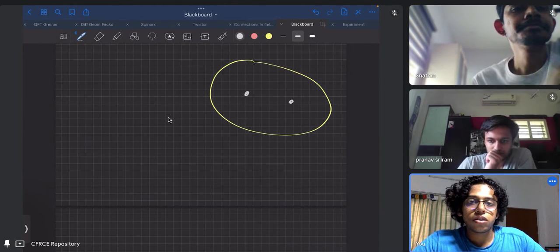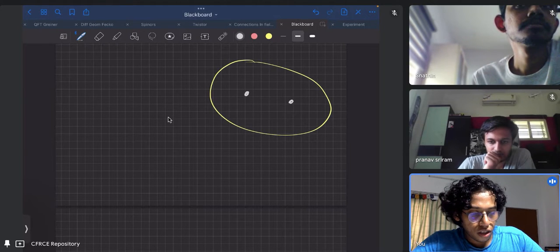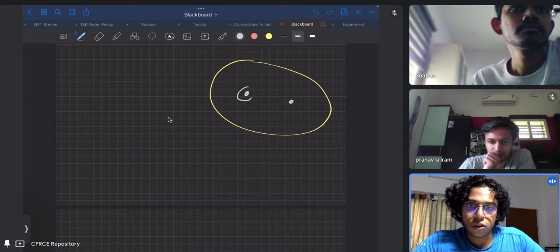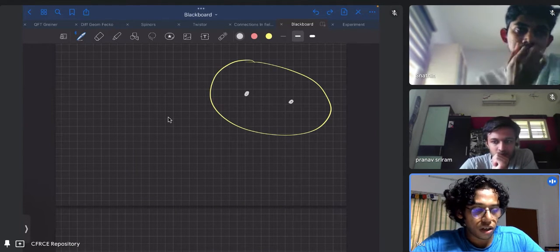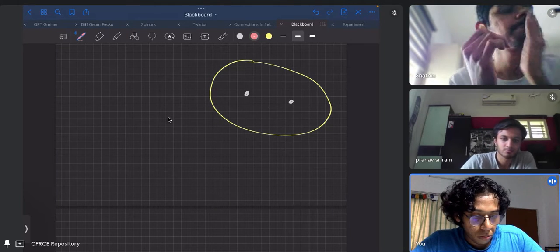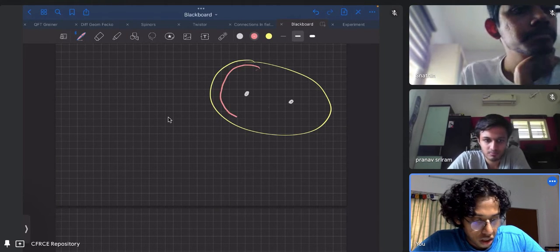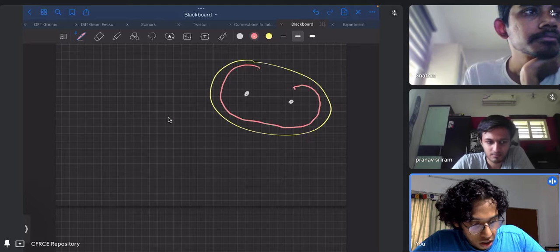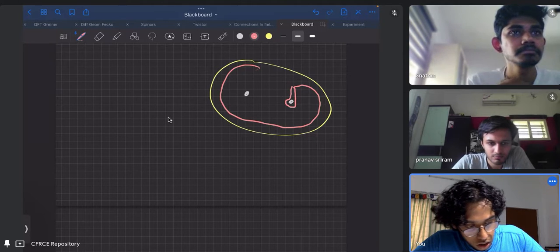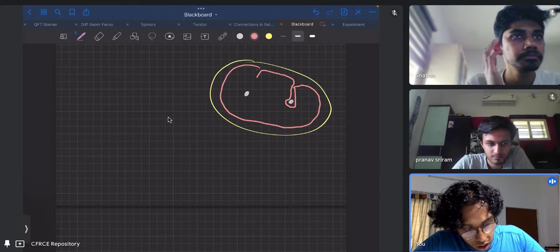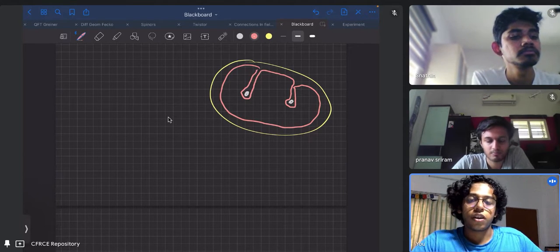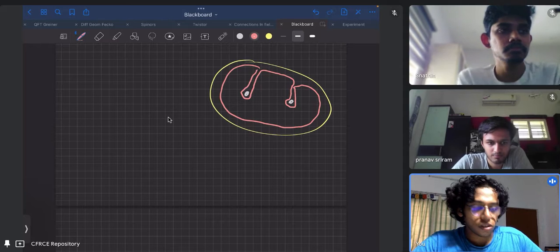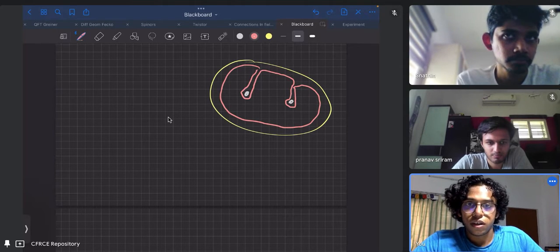Note that last time we spoke about how the contour integral can be taken like this: you can take this, then you can have this surgery, then you can come here and have this surgery as well. So you can have some sort of contour like this, where we're essentially taking away this point.